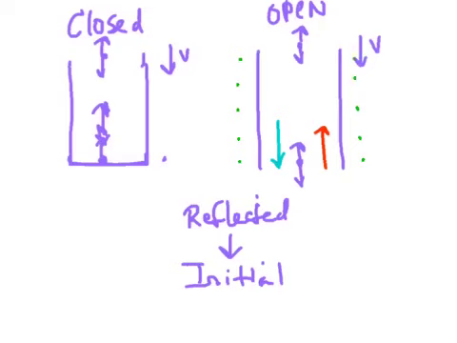So think back to some of the earlier chapters, especially on fluids, that when you have an increase in speed, what that results in is a decrease in pressure. So as these particles within the tube begin to oscillate back and forth, their speed is beginning to increase, meaning the overall pressure inside that tube is decreasing.